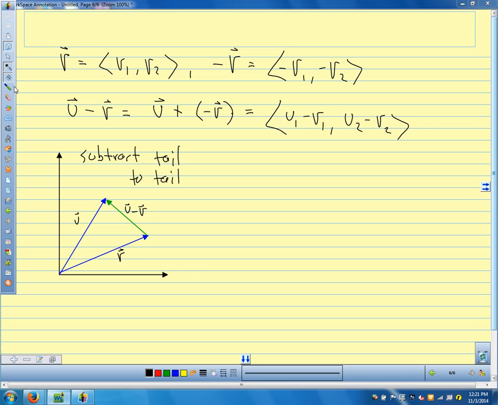And that is because I can take v and turn it around backwards here. So that red vector is negative v. So I'm adding u to negative v here. So u minus v would be this vector here. We subtract vectors tail to tail, or we subtract their components, component by component.